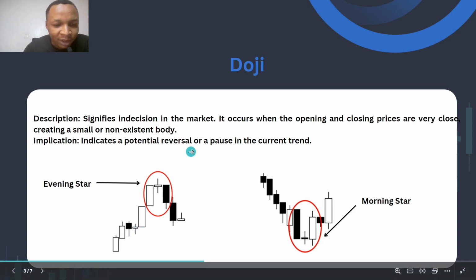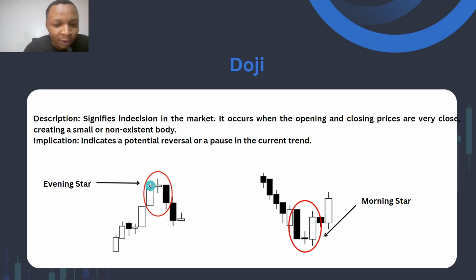Now, in this particular chart pattern, we notice that price has been making its way all the way up, and then we saw a doji candle, and following the doji candle is a strong sell candle to the downside. Another thing you should notice is that this strong sell candle is almost equal in size to the last bullish candle before the doji candle.